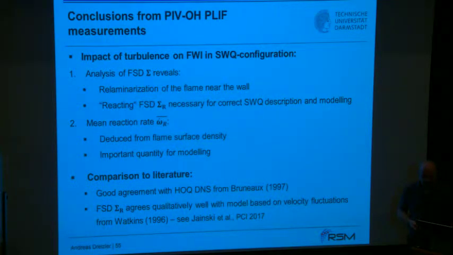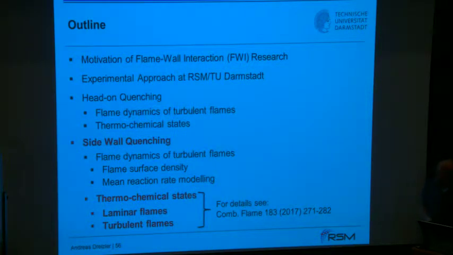Okay, so now we have a few minutes left and have a closer look into these thermochemical states. That has been published in the meantime, so if you're interested, it's a Combustion and Flame article that is available online.